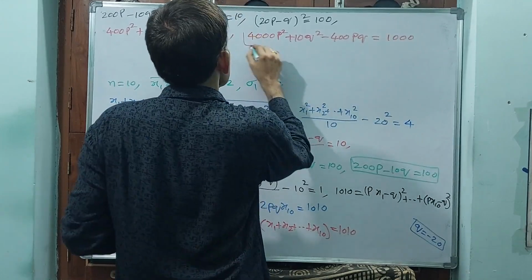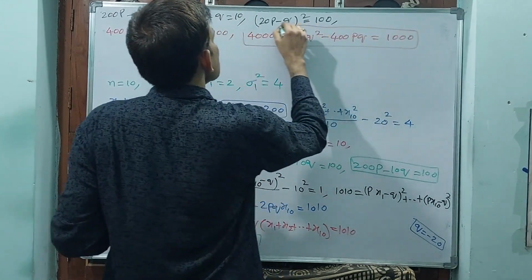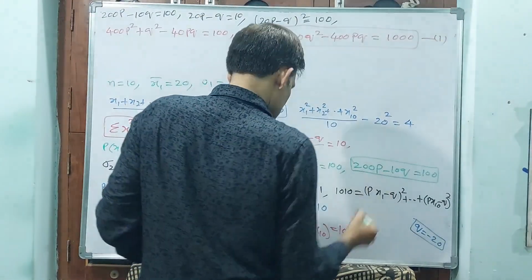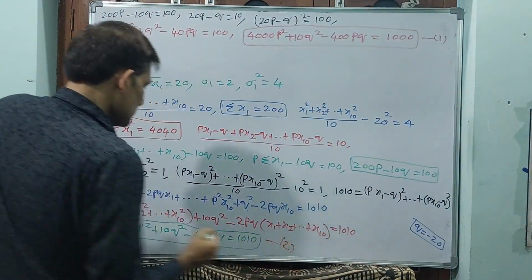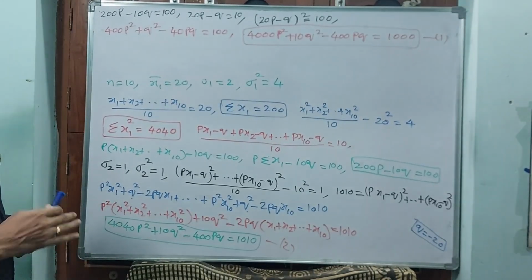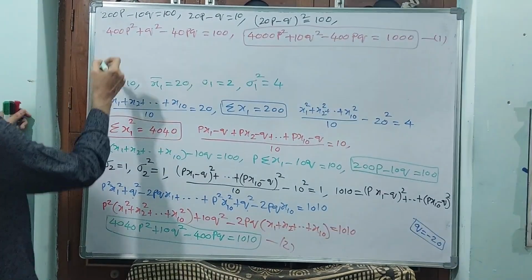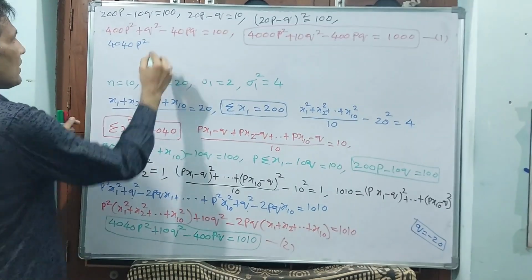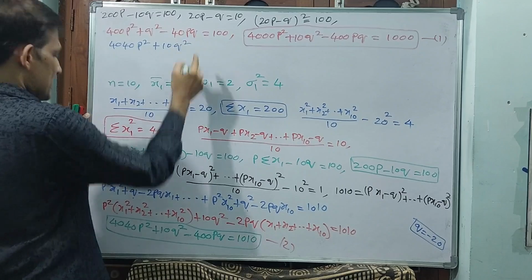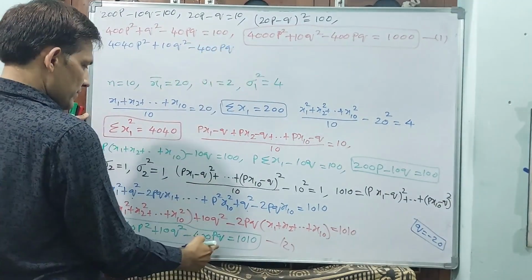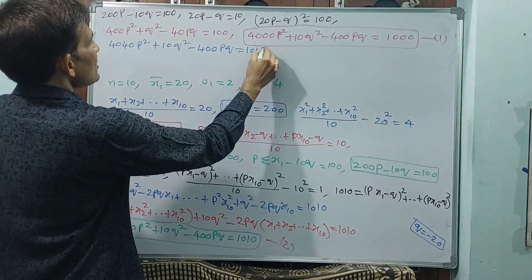Okay, now you take this as equation number 1, and this you take as 2. Which is bigger? This is bigger, 4040. Once again I will write here: 4040 p square plus 10 q square minus 400 pq is equal to 1010.